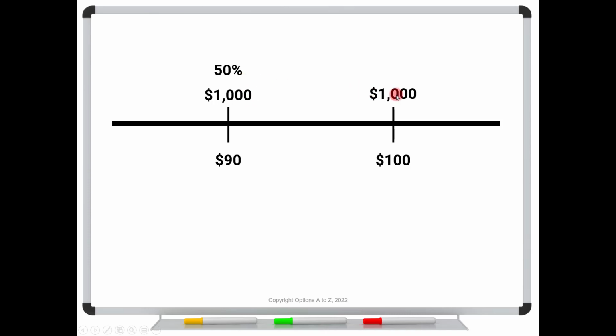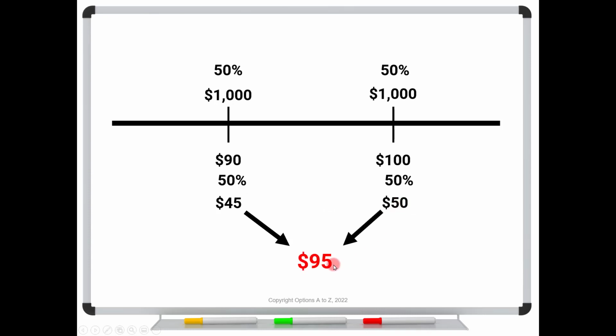Therefore you have 50% invested at 100. So we take 50% times $90 and 50% times $100. 50% of 90 bucks is 45, 50% of 100 is 50, and we simply add these two numbers together, and that gives us 95.